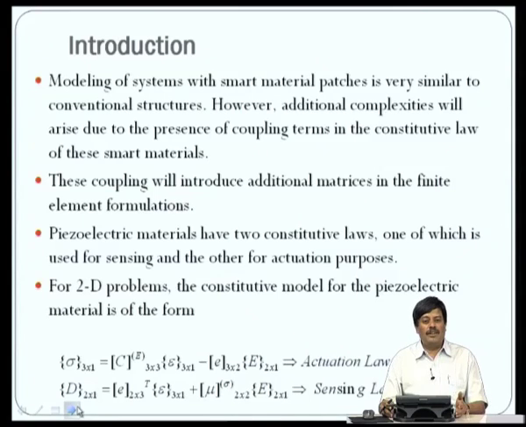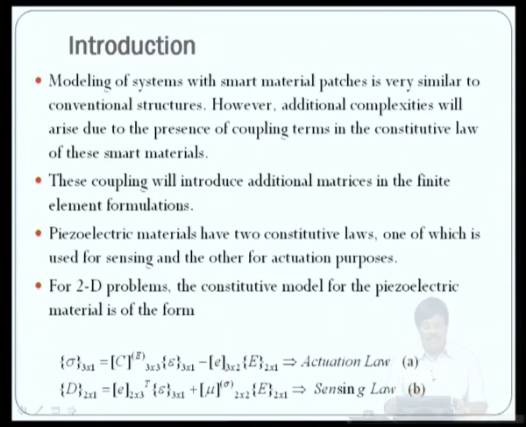It introduces additional matrices. Here we have the two laws, where sigma is the stress, related to the mechanical part, C is the stiffness, which is a material property, epsilon is the strain, and E is the electromechanical coupling coefficient, the piezoelectric coefficient, which is coupled to the electric field.